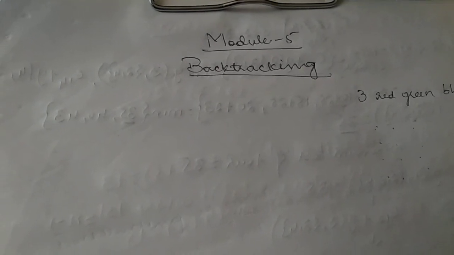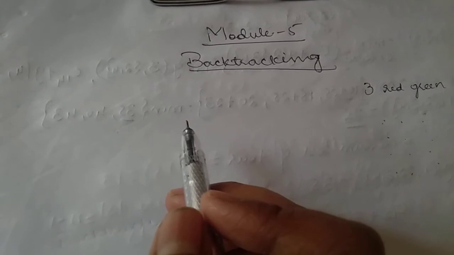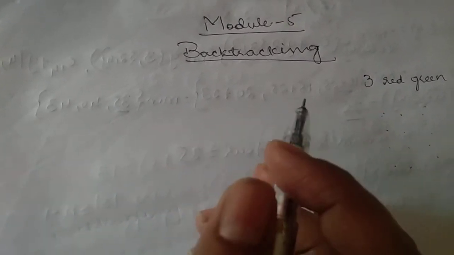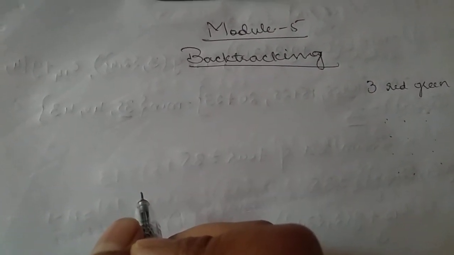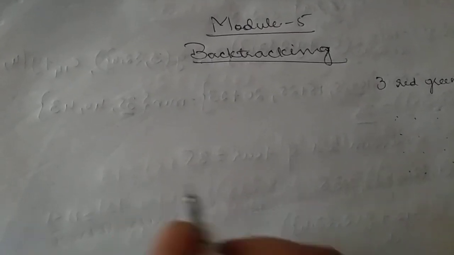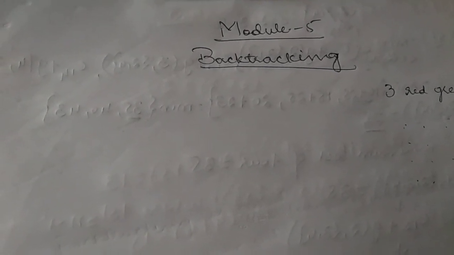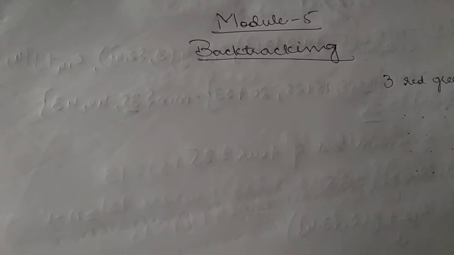We can consider backtracking the most intelligent variation of all the variations we have studied in your DAA. The principal idea is to construct the solution for one component at a time and evaluate the partially constructed solution by using some rules.